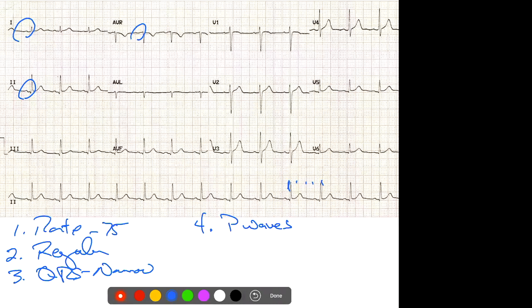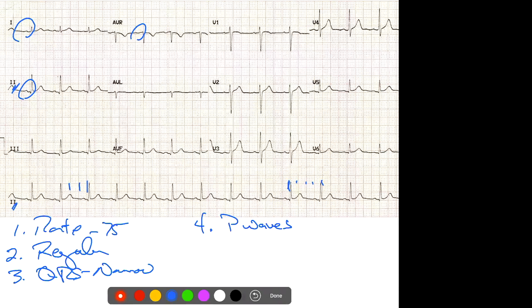You see what I'm talking about? I don't. Which lead are you talking about? Okay, lead 2, the very bottom. Not the first QRS, but the second one. If you were to do 300, 150, 100, wouldn't the rate be like 95 or so?